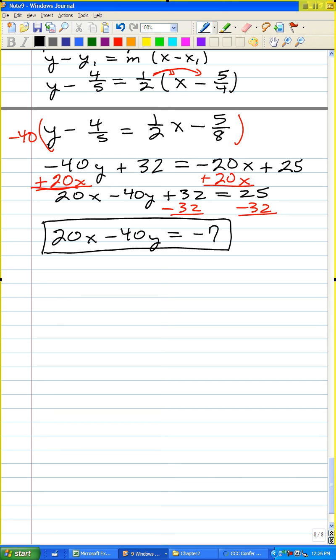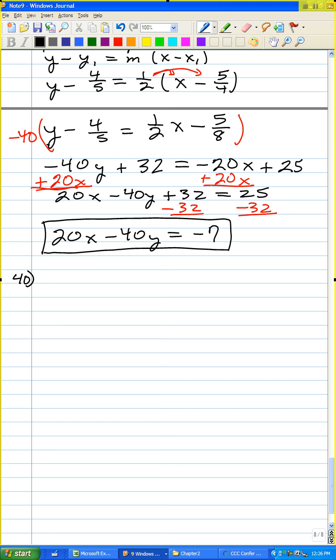Let me do problem number 40. In exercises 39 through 52, find the equation of the line in standard form with the given conditions.